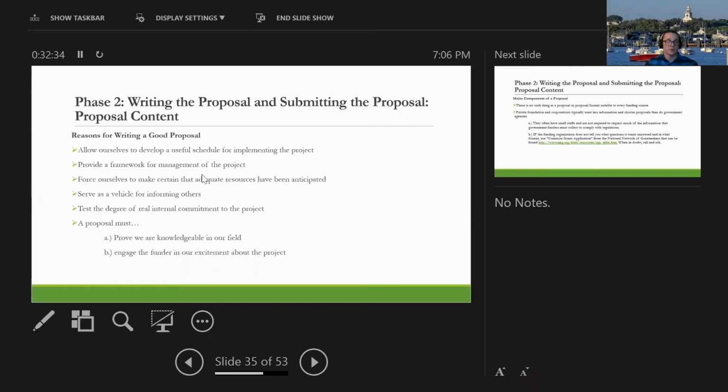We talk about that for project management, force ourselves to make certain that adequate resources have been anticipated. So that's when we talk about our capacity to carry out the proposed project.